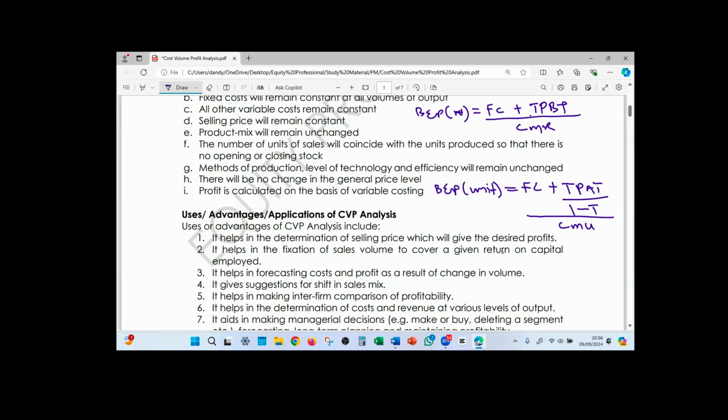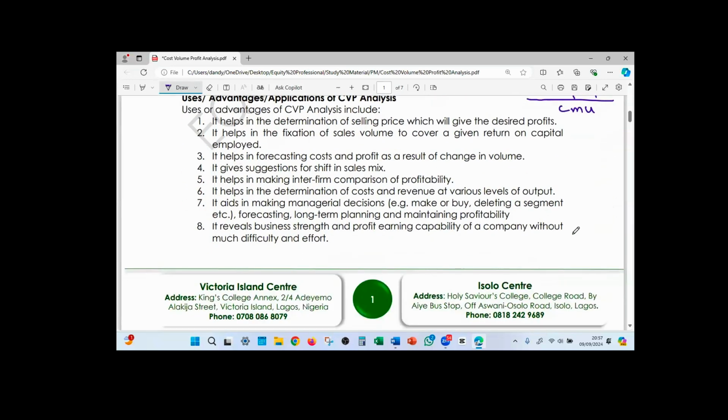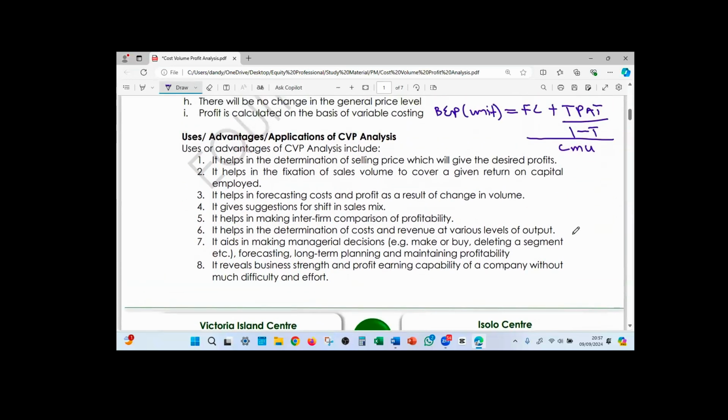Then the last one: if you are asked to calculate sales value required to earn a targeted profit after tax of so much, then of course I cannot use the previous one. This is the formula you're expected to use. Break-even point in naira equals fixed cost plus targeted profit after tax divided by 1 minus tax rate, all of this divided by CMR.